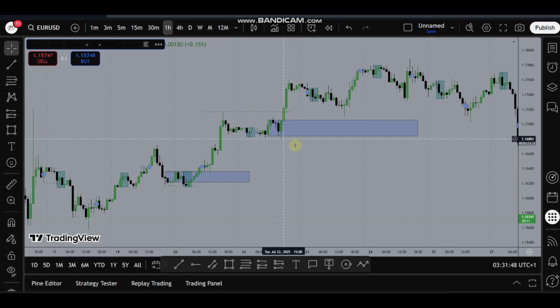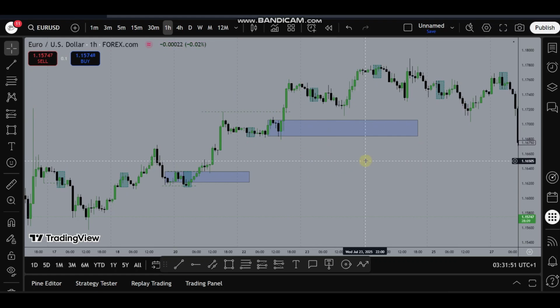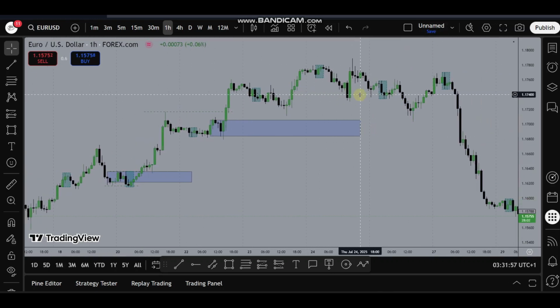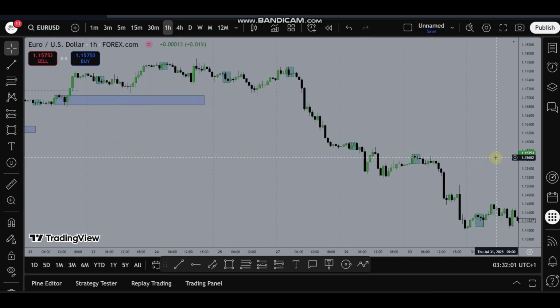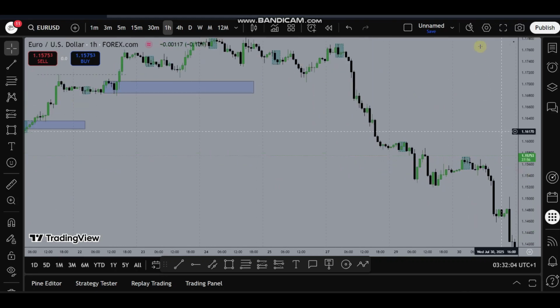So this became an order block. So order blocks are everywhere on the chart. You just have to know that an order block is the first opposite candle in a series of directional candles. Now look at how price tapped into this order block here.